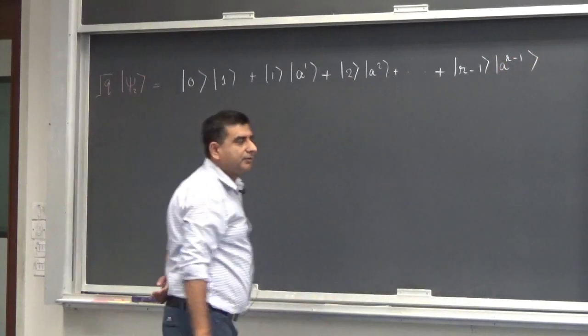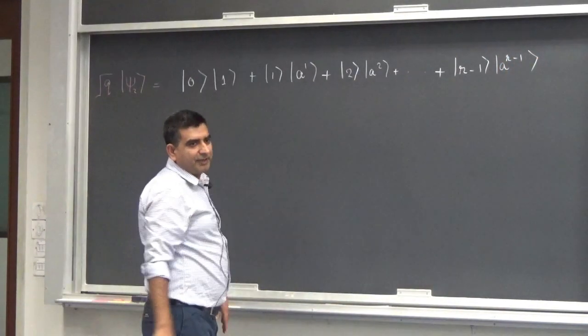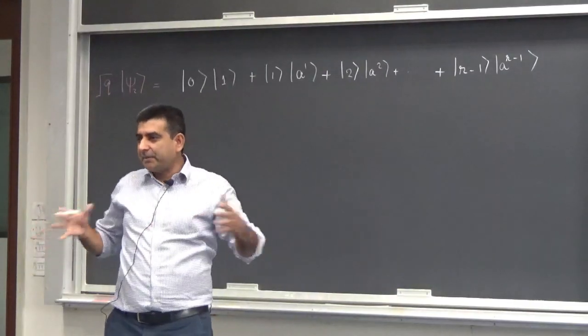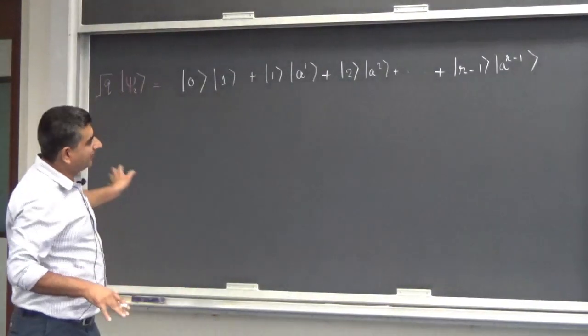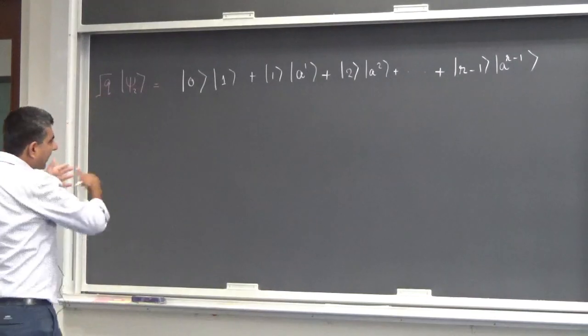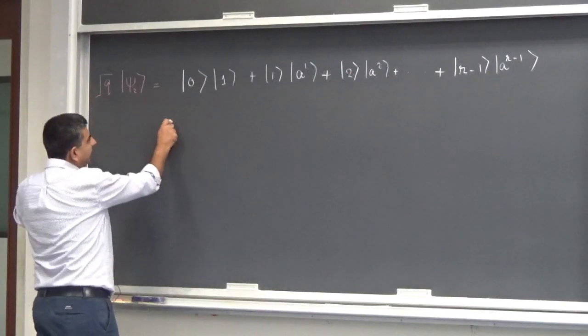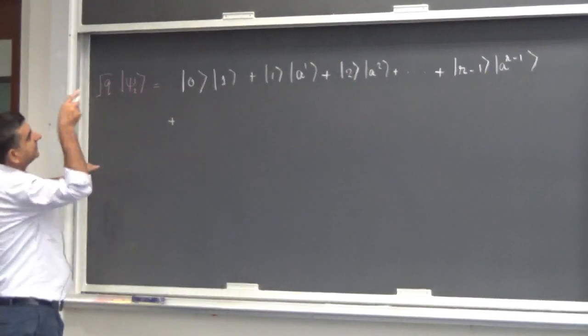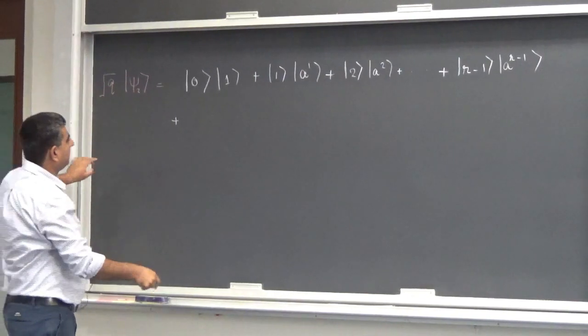Got it? This is the first row. I'm just writing these rows in an amenable fashion. It's just a superposition, but I'm writing this in a manner so that it becomes easier to understand what is the state at that point in time.